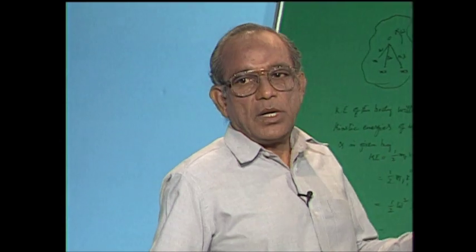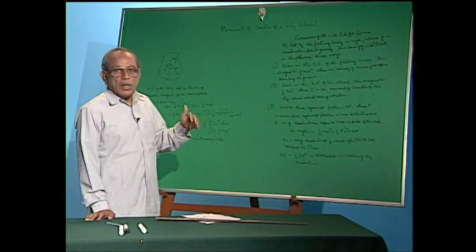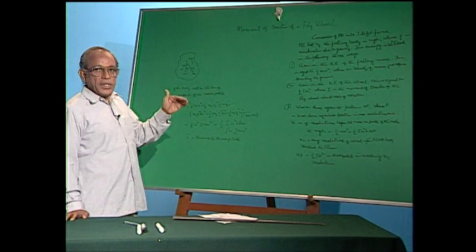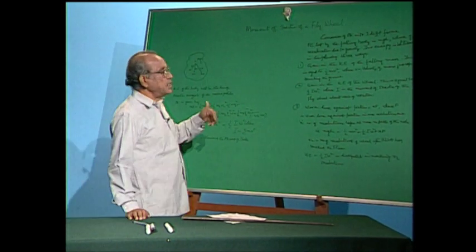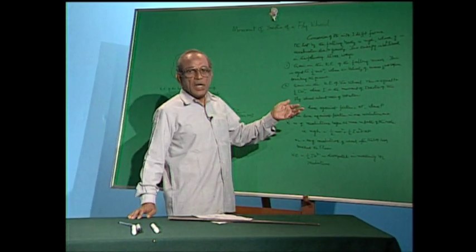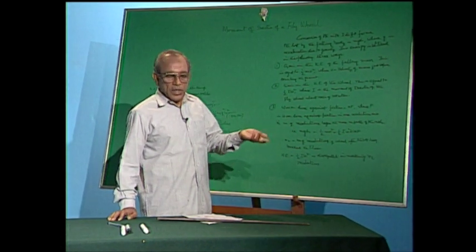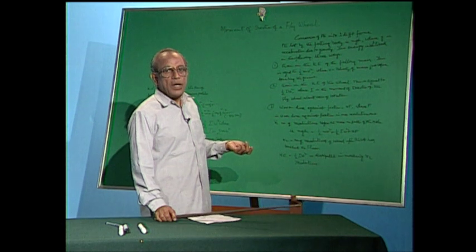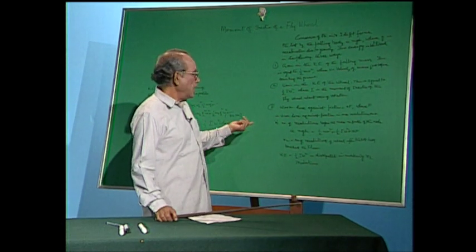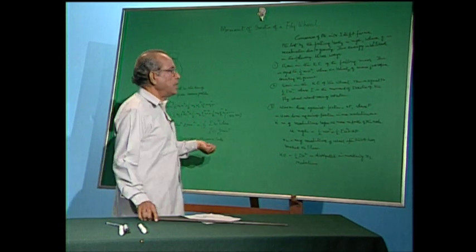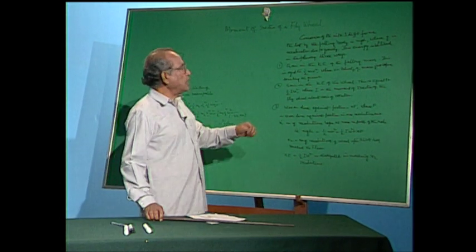Now, when the weight descends, the potential energy is lost and it is converted into different forms of energy, or kinetic energy, and some of the energy is lost due to friction.